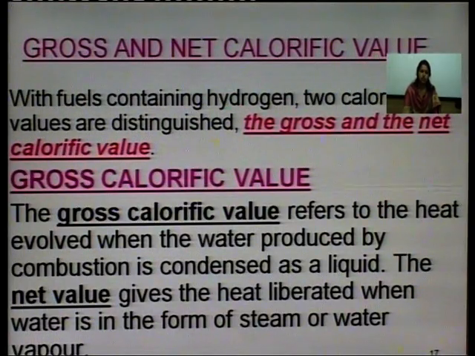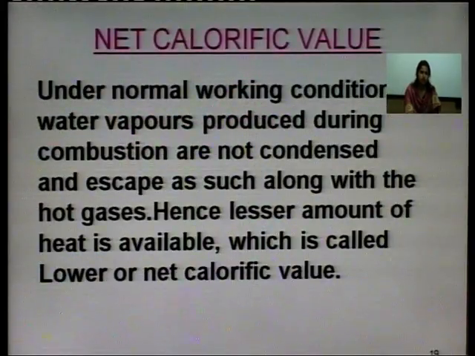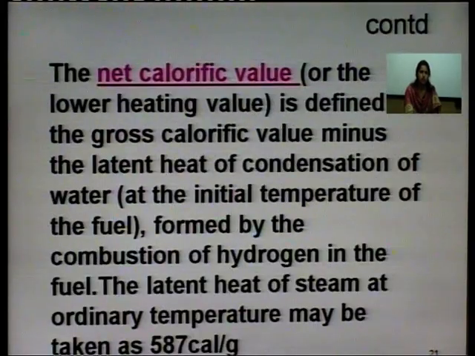The gross calorific value is higher than the net calorific value, because in the case of gross calorific value we are also considering the latent heat of condensation of water vapors. But in the case of net calorific value, we assume that these water vapors escape, and this latent heat of condensation is not considered in the value. So, the gross calorific value is always greater than the net calorific value.